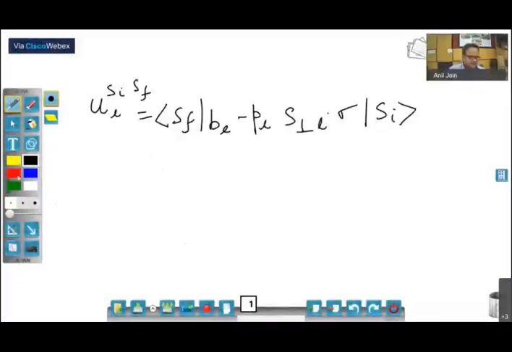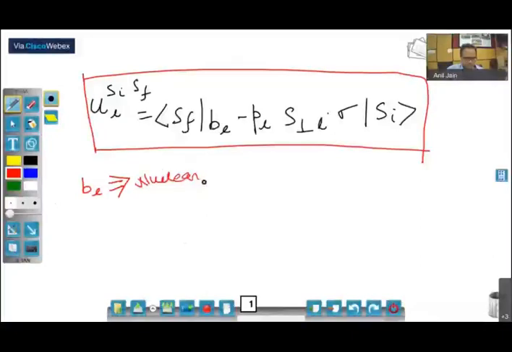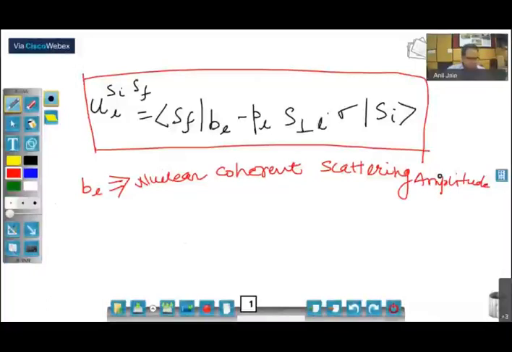So bl here is the nuclear coherent scattering amplitude and p is the magnetic scattering amplitude for site l.